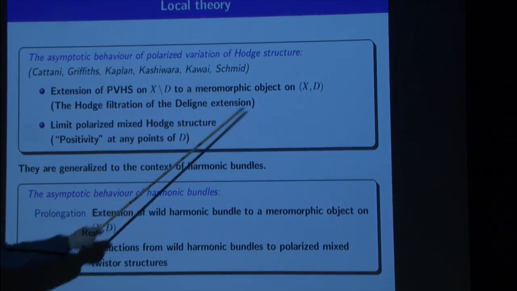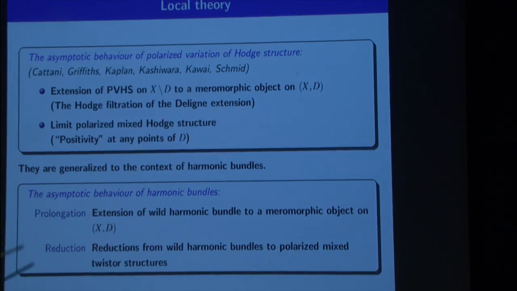A variation of Hodge structure consists of a flat bundle, a Q-structure, Hodge filtrations, and polarizations. The flat bundle is always extended to a vector bundle with a logarithmic connection, called the Deligne extension.